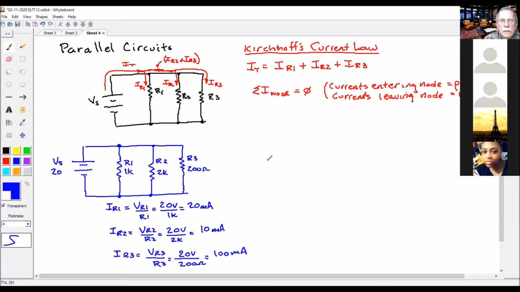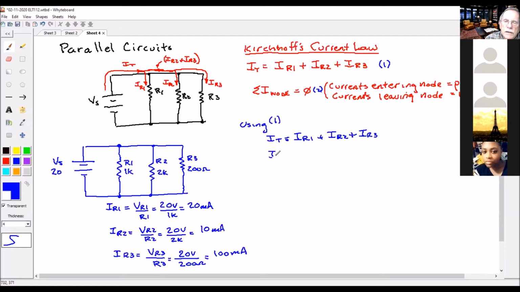Okay, so this is the first form, this is the second form. We could say IT is IR1 plus IR2 plus IR3.